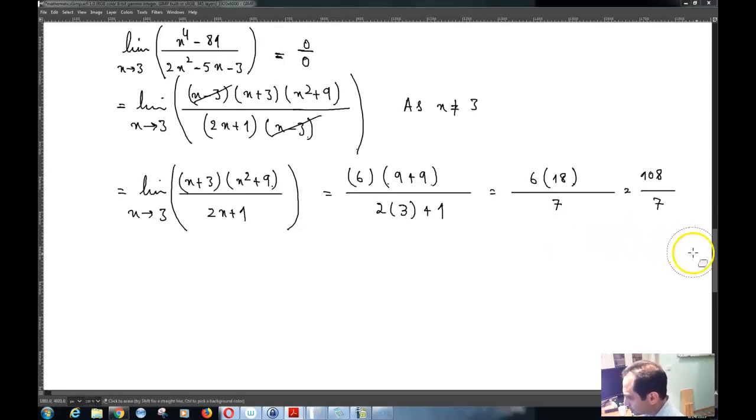Number 9 is another question. You want to find the limit of ax plus b over cx plus 1 as x tends to 0.